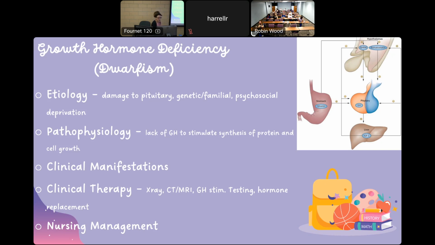Patho, overall, we have a lack of growth hormone, so we don't get all the stimulation of protein synthesis and cell growth, which translates to human growth. Because we are cells, right? You're just a big old pile of cells.